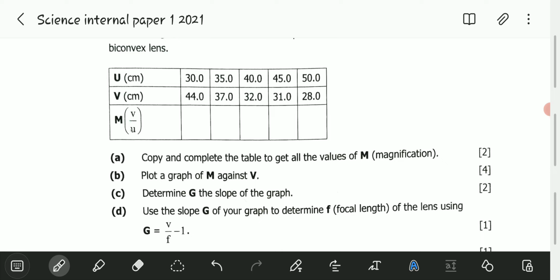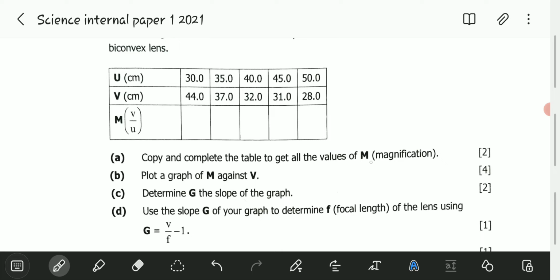This is a formula and not units. Because both of these are in centimeters, the magnification will not have any units. So magnification has no units in this particular case.